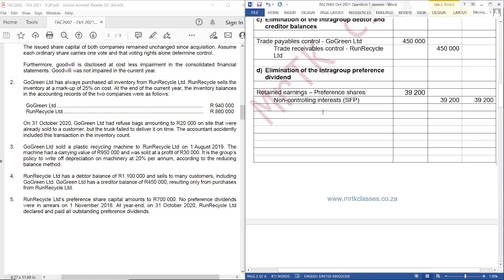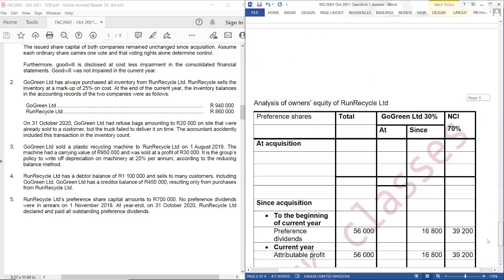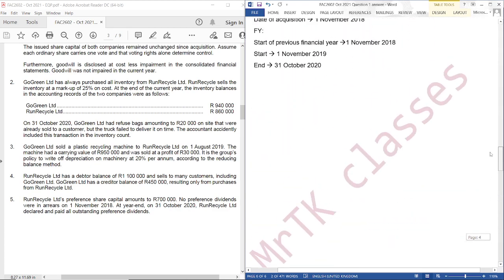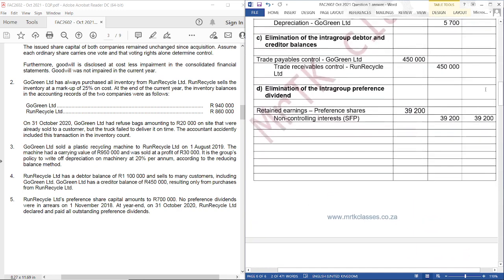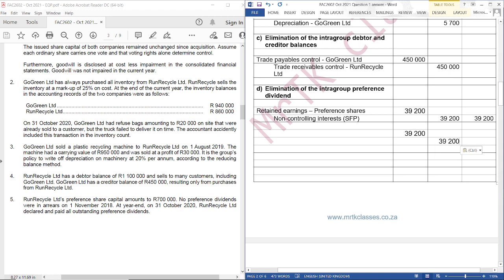Then we need to journalize the second one. But this is not retained earnings, because this is in the current financial year, right? So this one we already know is non-controlling interest in the statement of financial position.